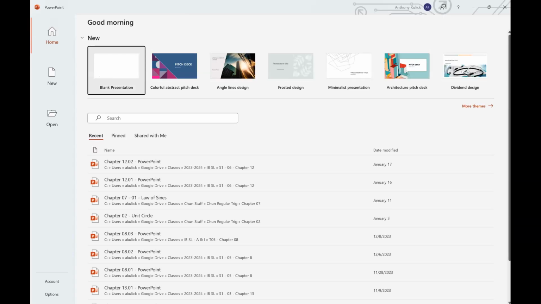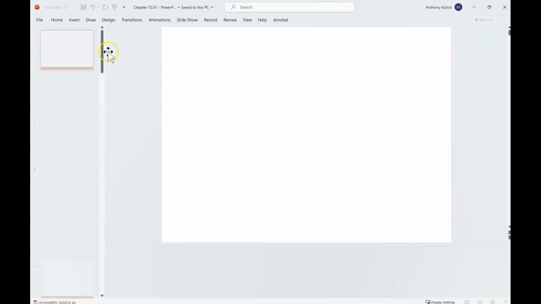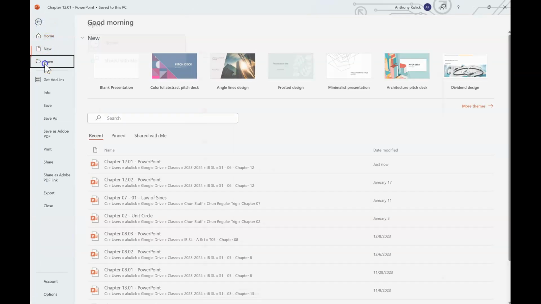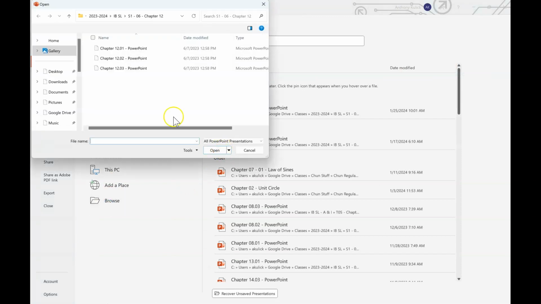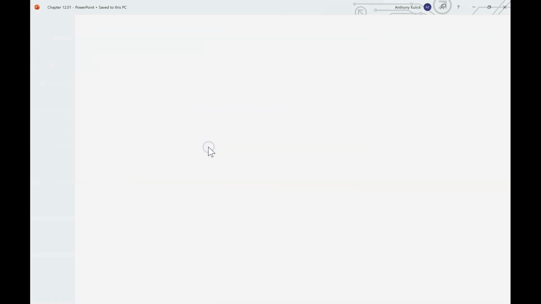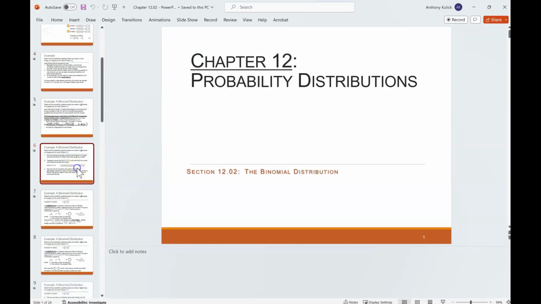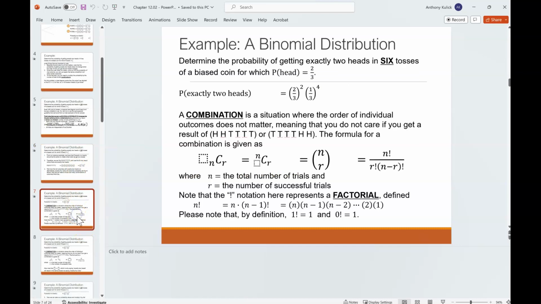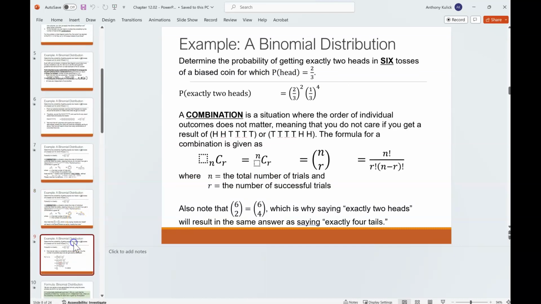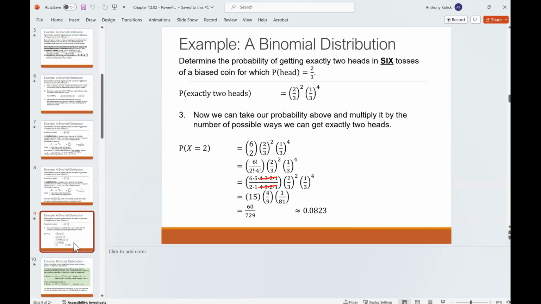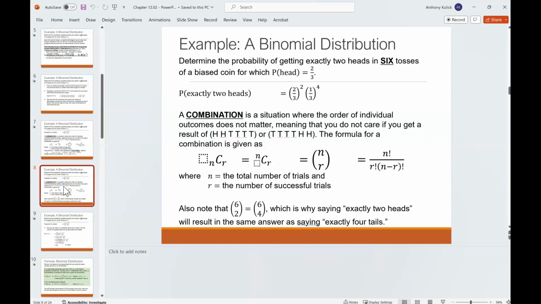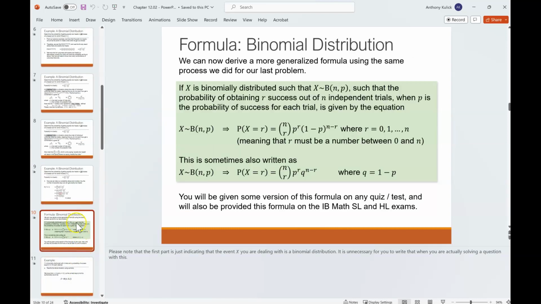Let me open that up real quick and pull the formula. I picked the wrong thing. Where's my formula? There's our formula right there.